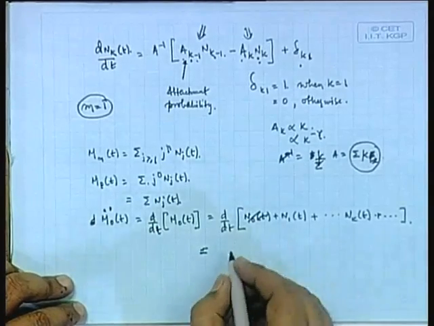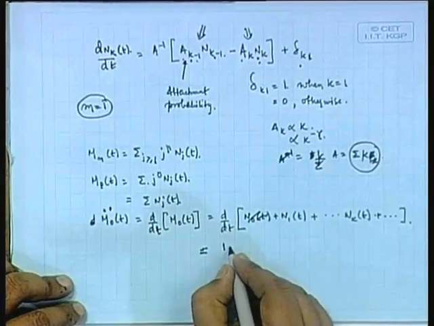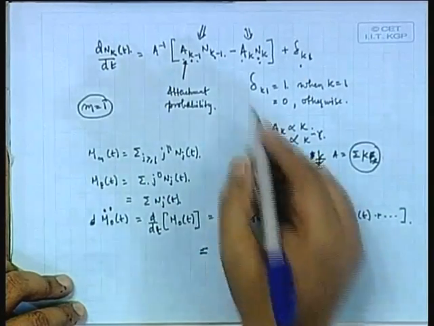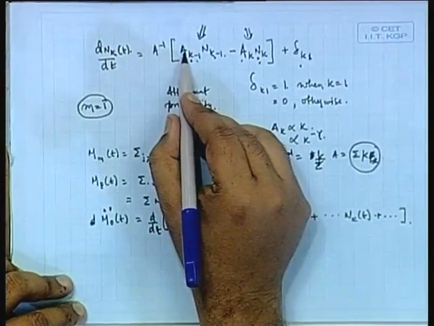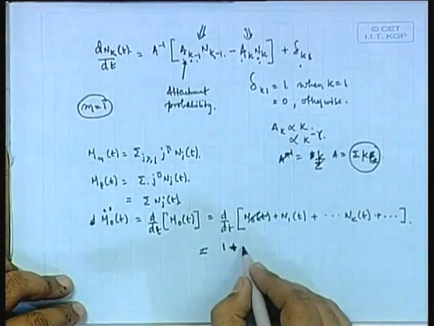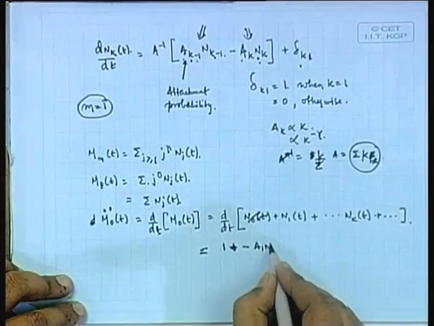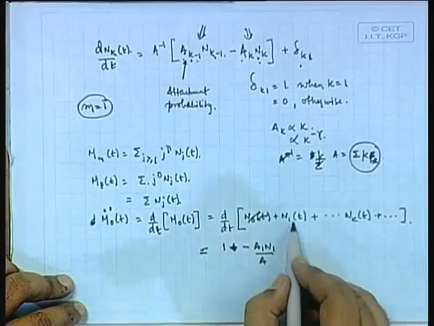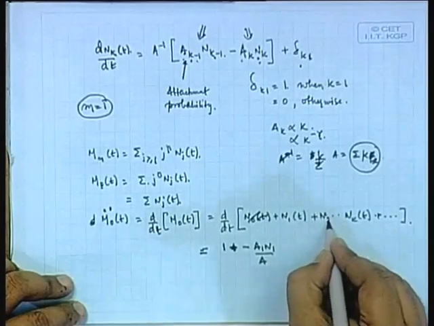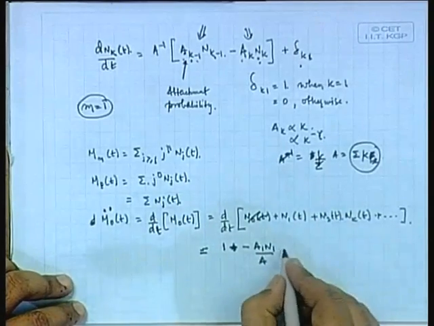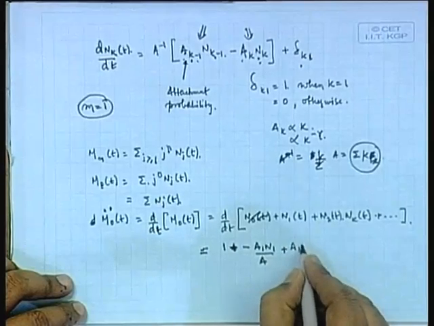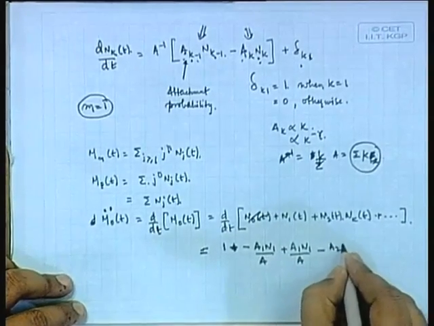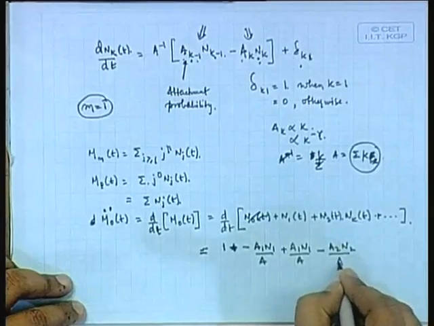Okay, n1 t is 1, this 1 comes, plus this plus does not come, only minus comes, minus a1 n1 by a. Okay. n2 t. Plus a1 n1 by a minus a2 n2 by a.